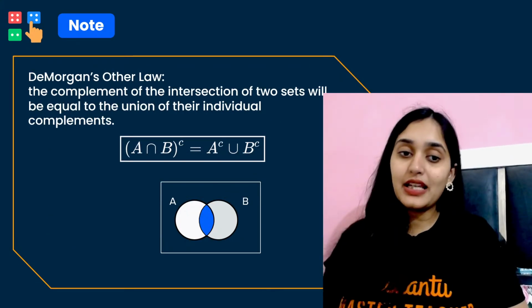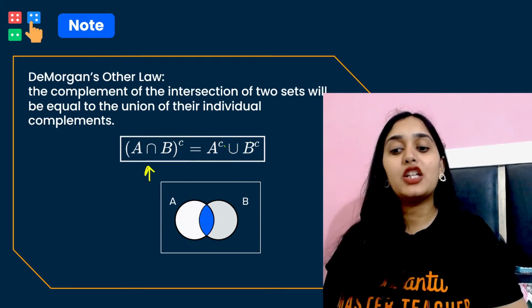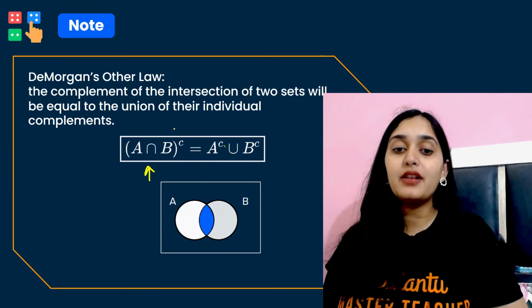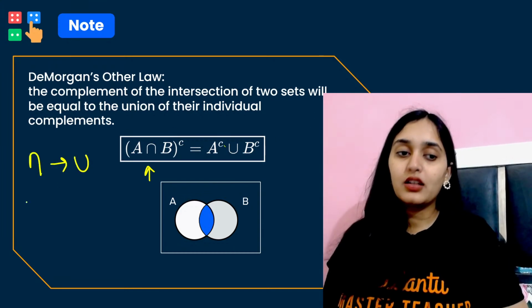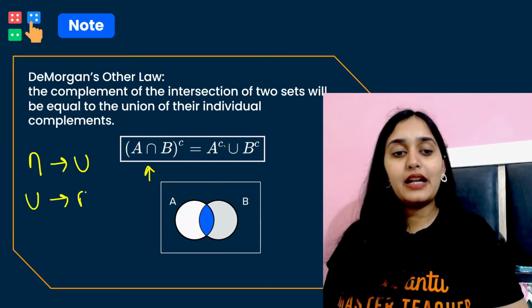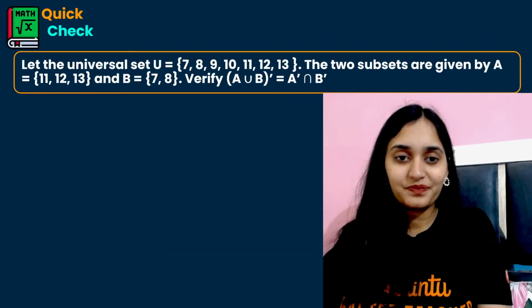And similarly, A intersection B complement will be A complement union B complement. So remember, intersection becomes union, union becomes intersection, when we are doing whole complement.